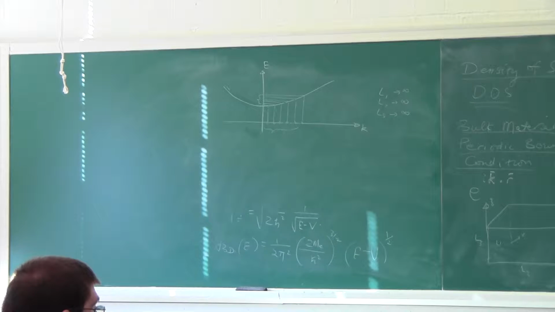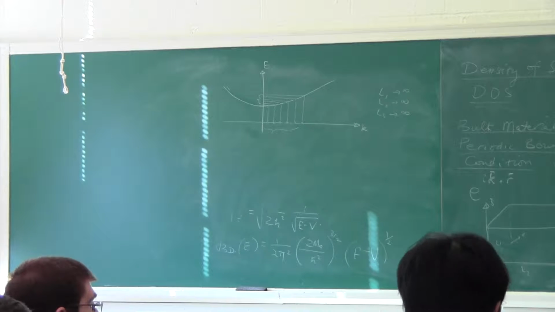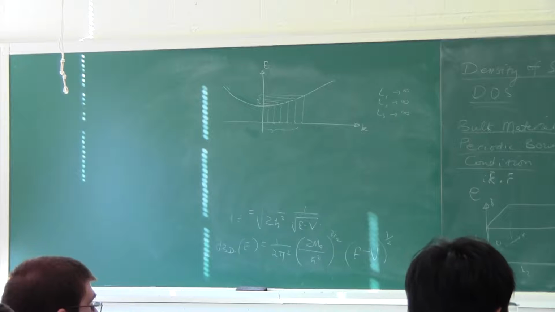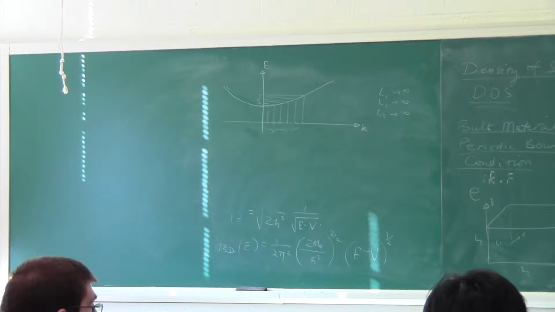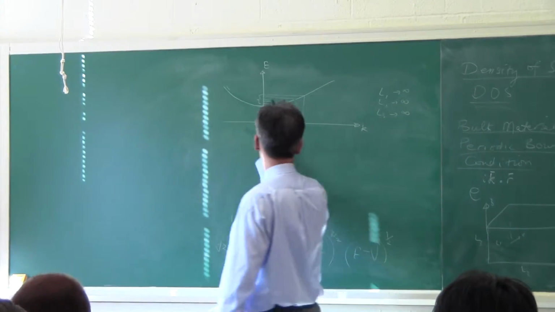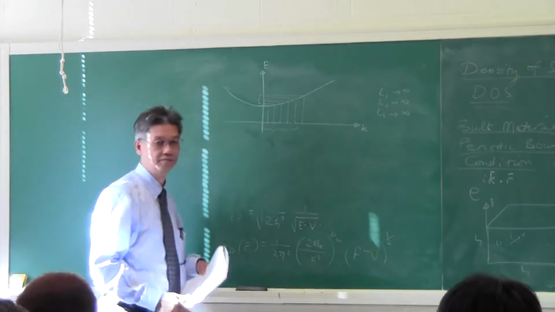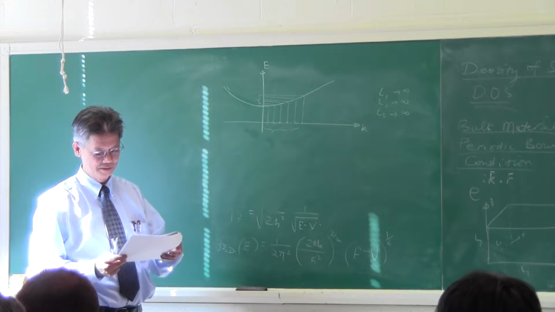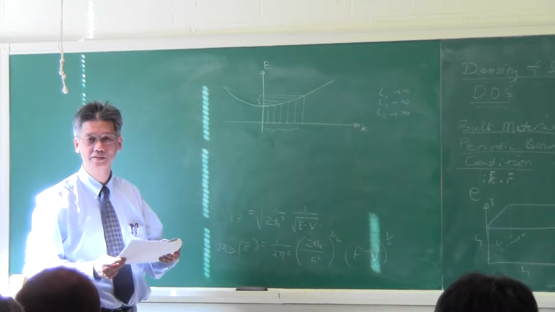So actually the values of L all disappear in the final count. We start with finite L1, finite L2, finite L3, but we let those be infinity so that we can replace approximate calculus with exact calculus. And then these numbers are exact in the sense that delta k is going to 0. Okay? So we let these numbers be infinity so that this spacing becomes very, very small. Okay. Are there any questions? Any other questions? That's a good question.